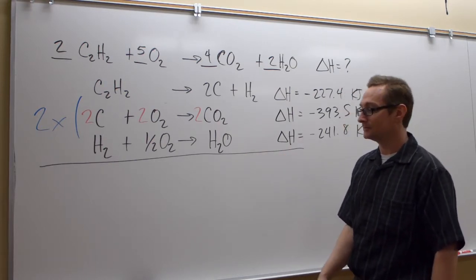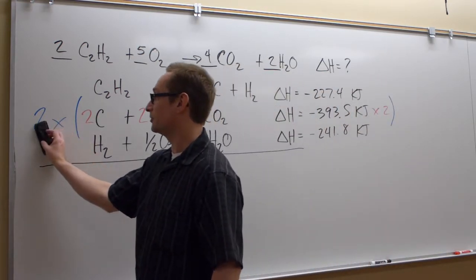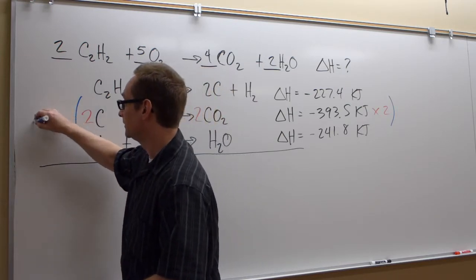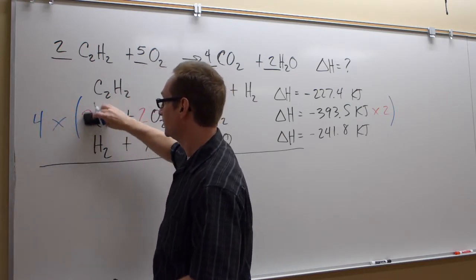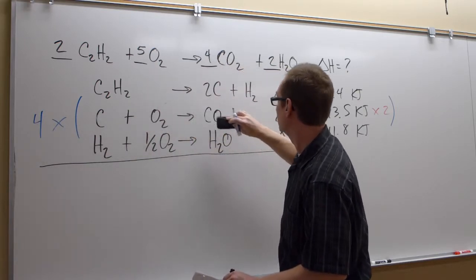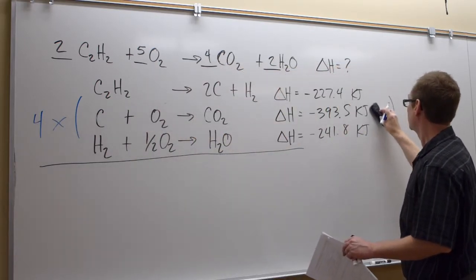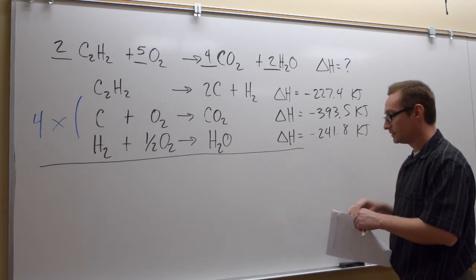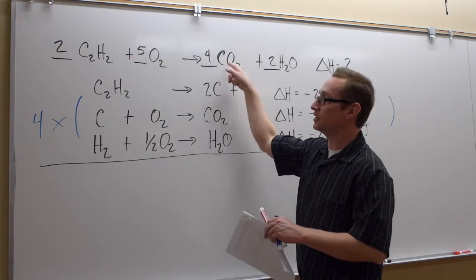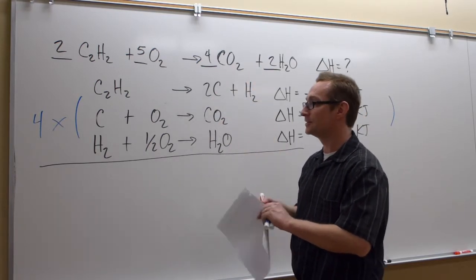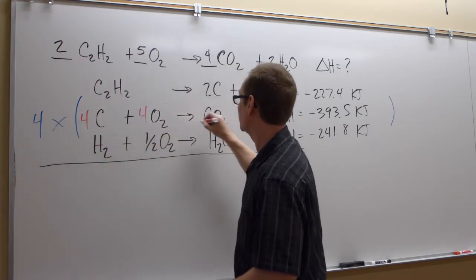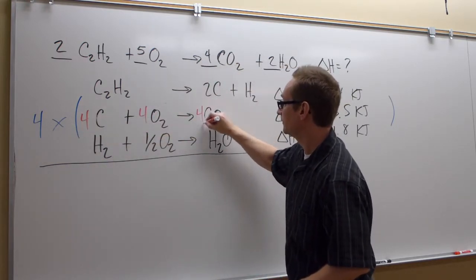And the answer is no. So we're actually going to have to multiply through by 4. So it's not just about canceling things, you got to look at what you have in your desired reaction. So this becomes 4, 4, and 4.